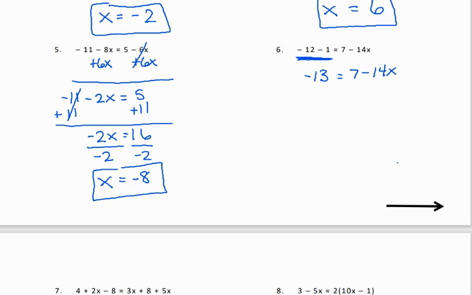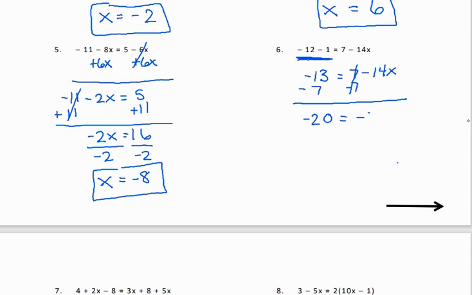Now, the good news is there's only one variable. So how do I get this x where I'm putting an arrow? How do I get that x alone? I'm going to get rid of the 7. So I subtract 7 to both sides. Negative 13 minus 7 is negative 20. On the right, the 7's canceled.